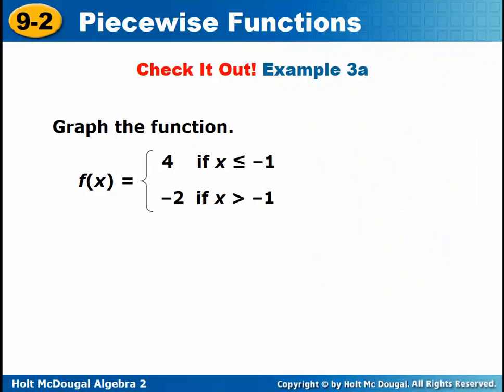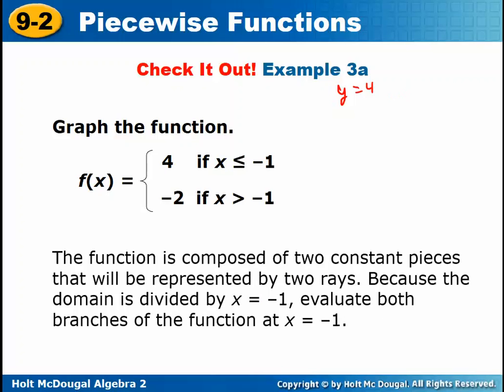Okay, this one's easier. This is a step function, so these are constants. So f of x equals 4, which is the line y equals 4, a horizontal line going through the y-axis at 4, for x is less than or equal to negative 1, and y is equal to negative 2 if x is greater than negative 1.